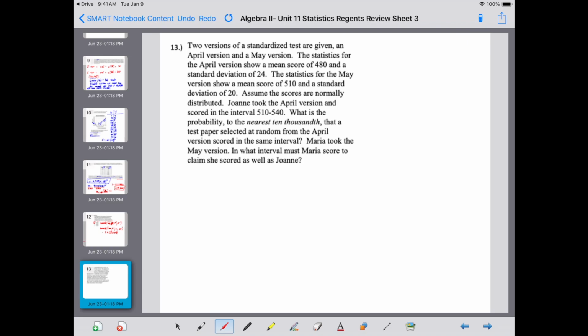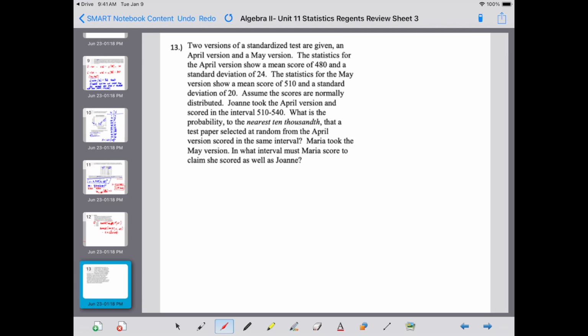Assume the scores are normally distributed. Joanne took the April version and scored in the interval 510 to 540. What is the probability, to the nearest 10,000, that a test paper selected at random from the April version scored in the same interval? Maria took the May version. In what interval must Maria score to claim she scored as well as Joanne?